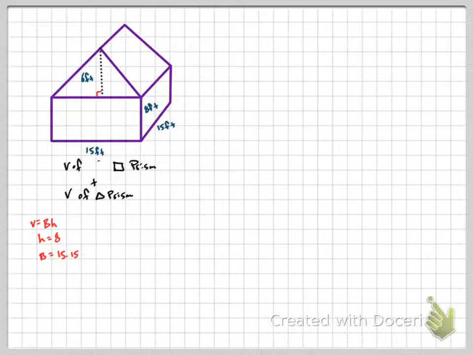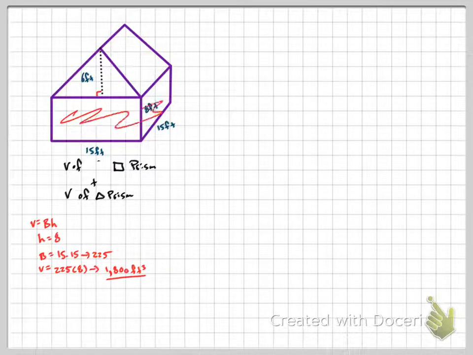So 15 times 15 is 225. So the volume would be 225 times 8 for 1,800 feet cubed. So that is for, again, this bottom rectangular prism.